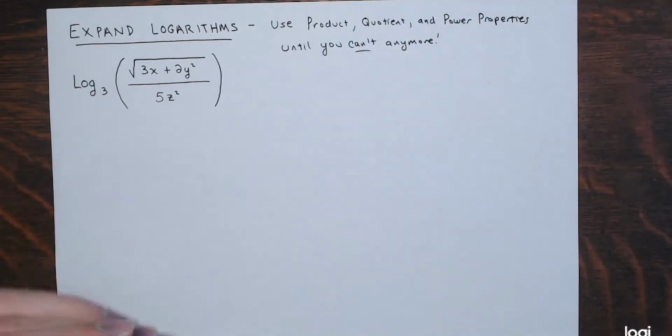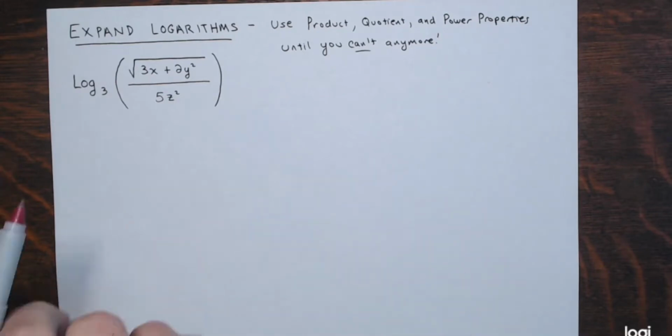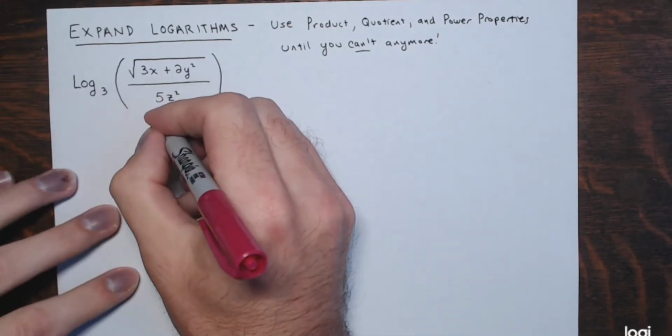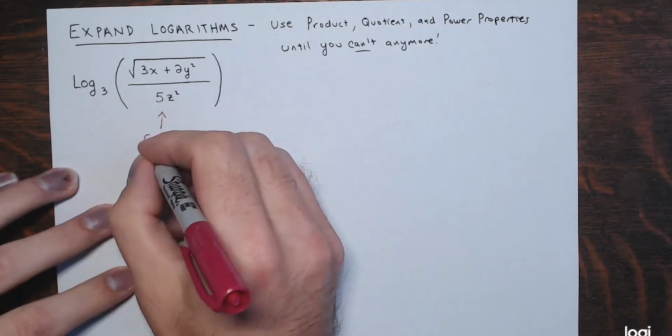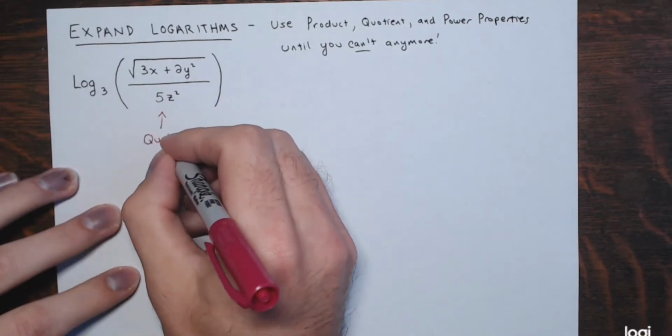Alright, so I've already refreshed you on what the properties are. Now looking at this, I look at the argument here. This is clearly a fraction, a quotient, right? So I'm going to be using the quotient property to start.